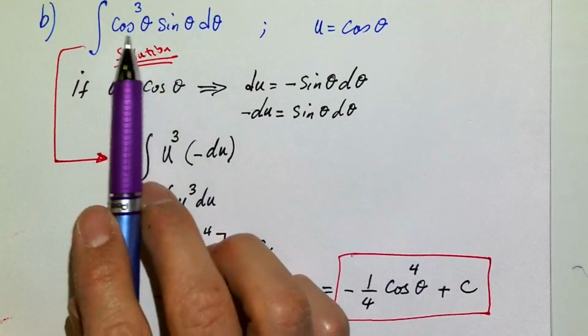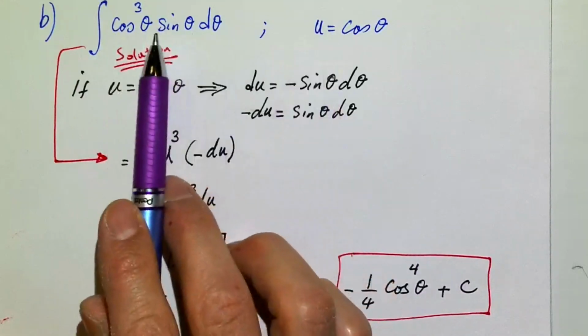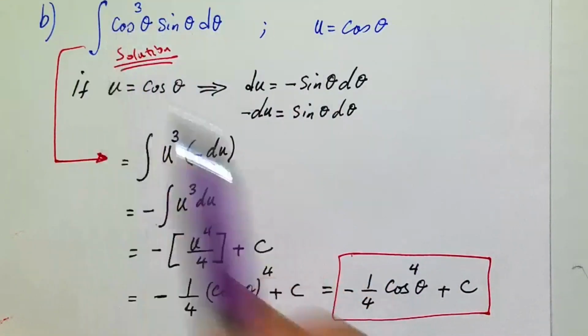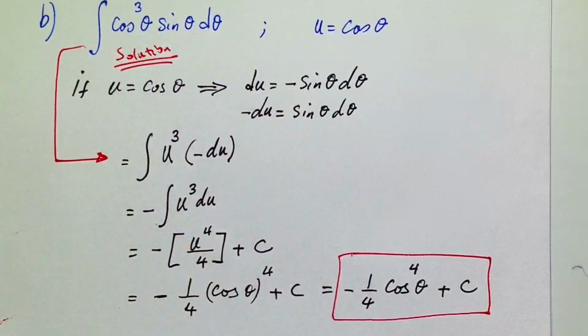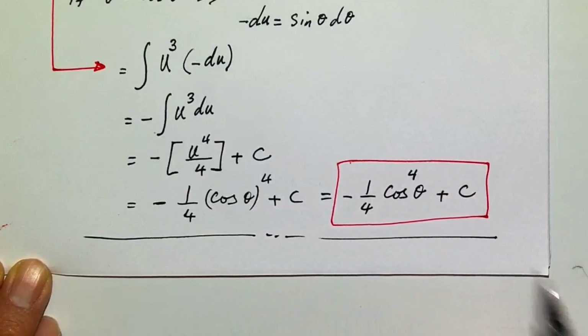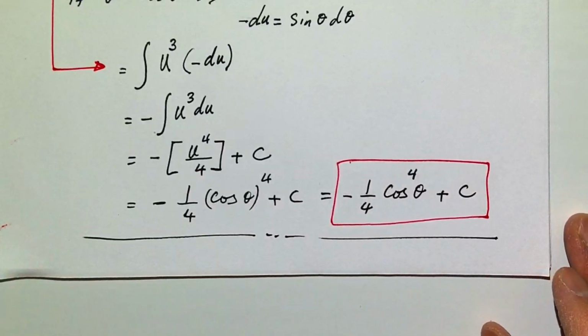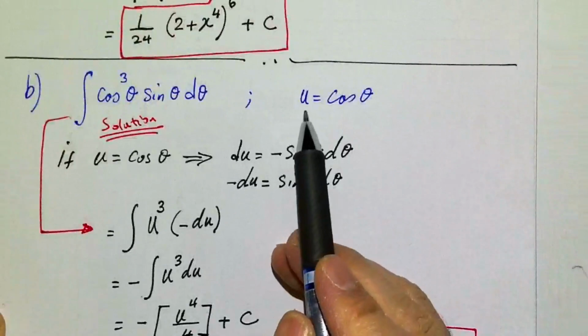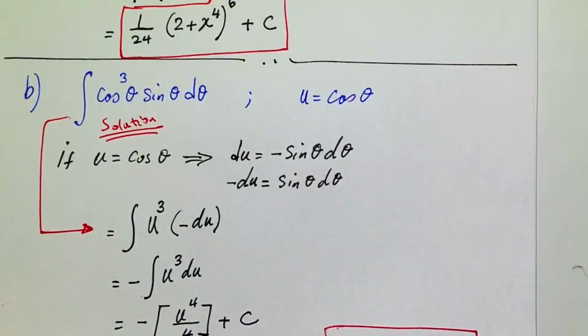All right? So we took this as u, and then we wrote this piece as the derivative of that. Only then can we apply this substitution rule. Okay, so let's do another example of this kind where the substitution element has been given to us.